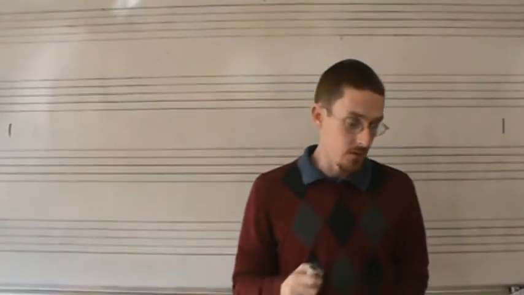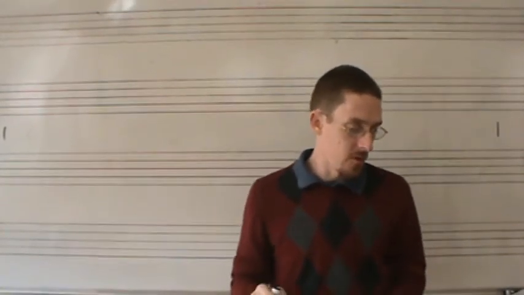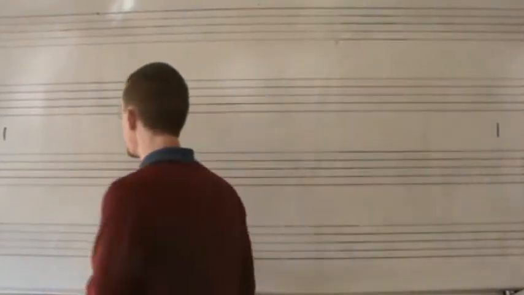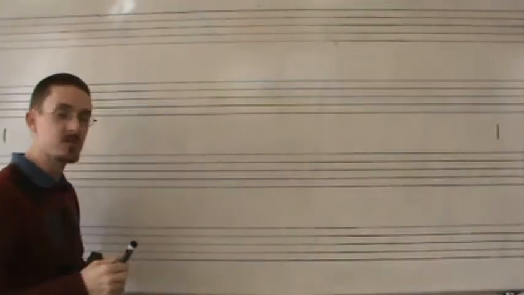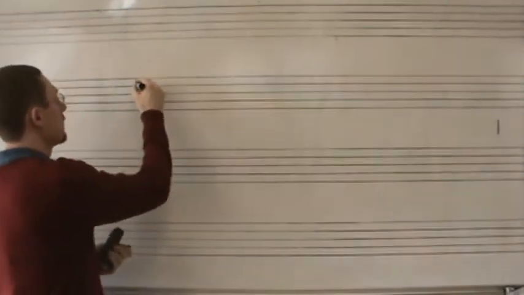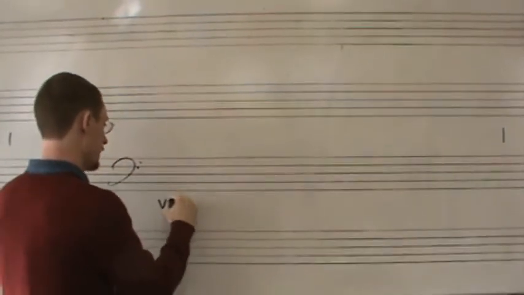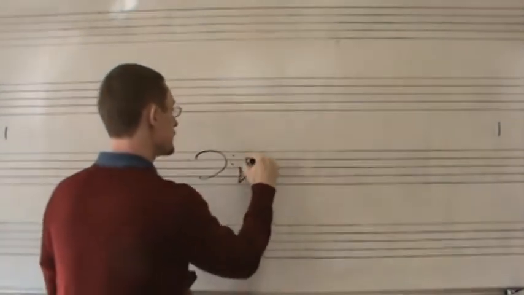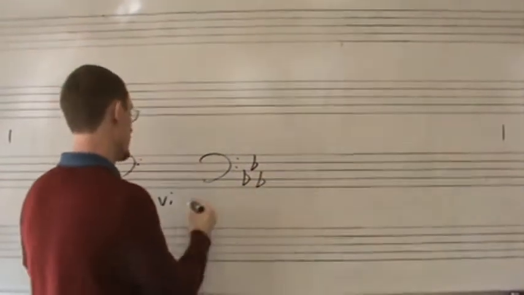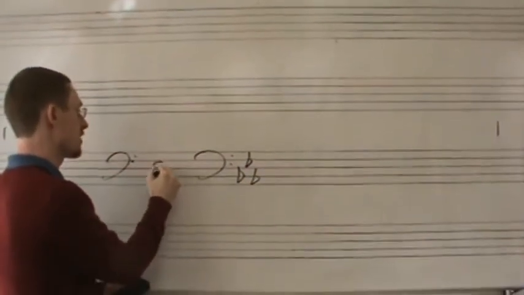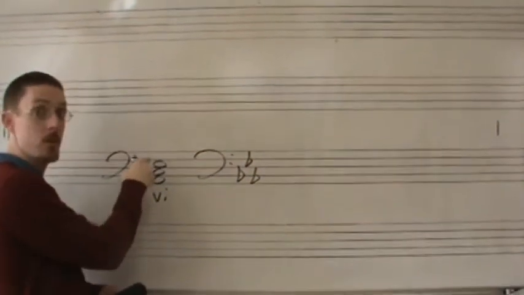Let's look at the next one. If you look below that on the page in 173, you see the 6th chord. Let's talk a little bit about the 6th chord. In major mode, the 6th chord is a minor triad: la, do, mi.